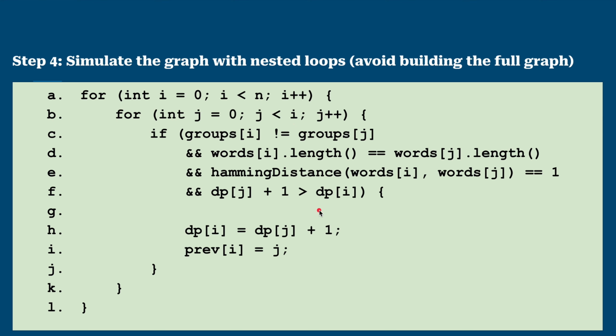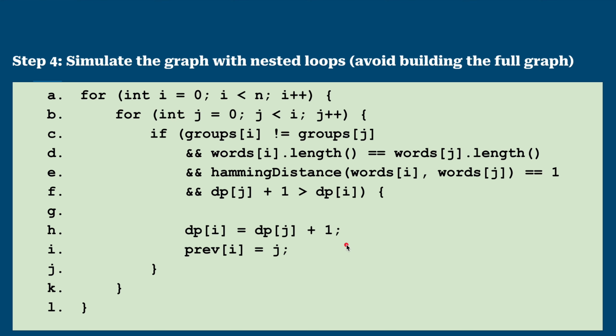So we store the length of the longest valid subsequence ending at index I, and in previous at I we store the previous index in the longest path that we have found at index I, that is j. It will help you construct the sequence. I hope you understand.